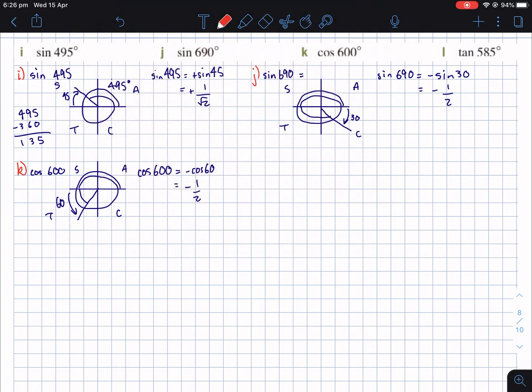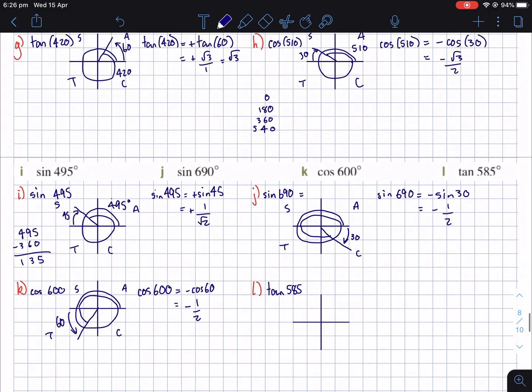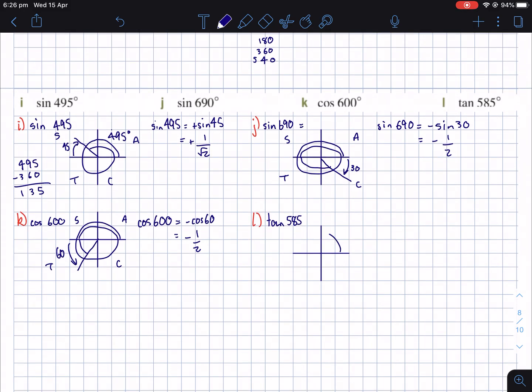And L, tan 585. It's ending with a 5. Chances are it's going to be a 45 degree one. And then you could just chuck it in your calculator and see if it's positive or negative. Tan 585. So that's going all the way around. All the way to here is 540, and we've got another 45 from there.